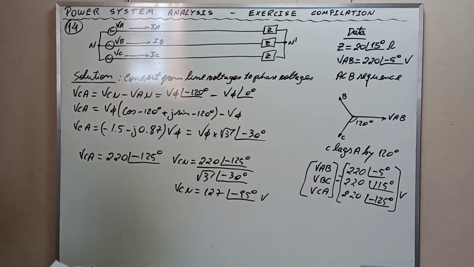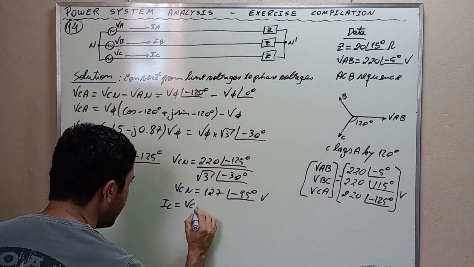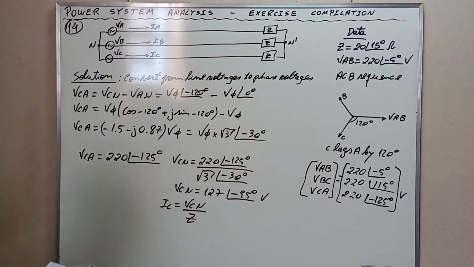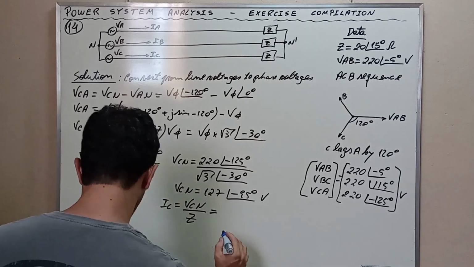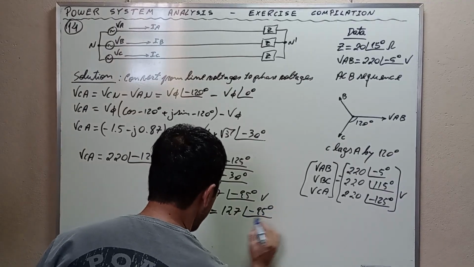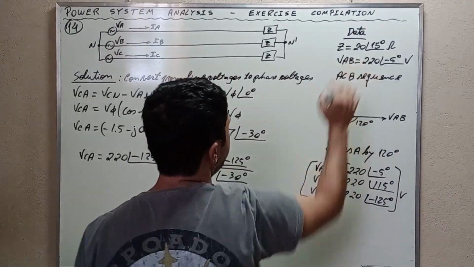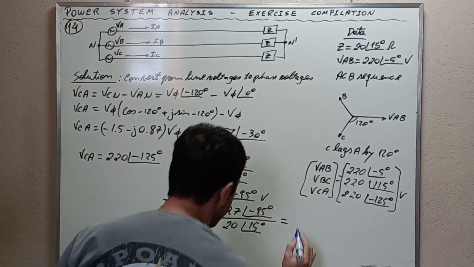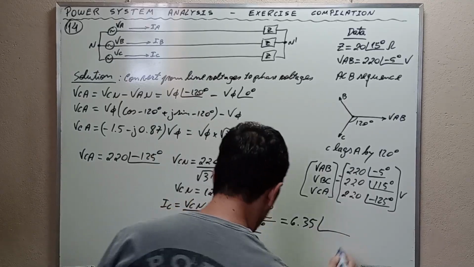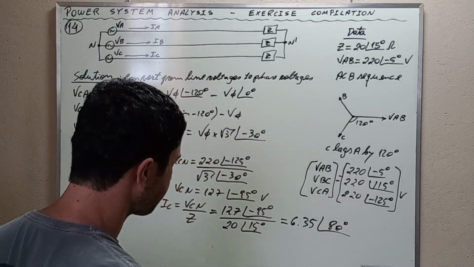IC is equal to VCN divided by the value of the impedance, and then it is equal to 127 phase negative 95 degrees divided by 20 phase 15 degrees, and this is equal to 6.35 phase 80 degrees. Okay, my friends?